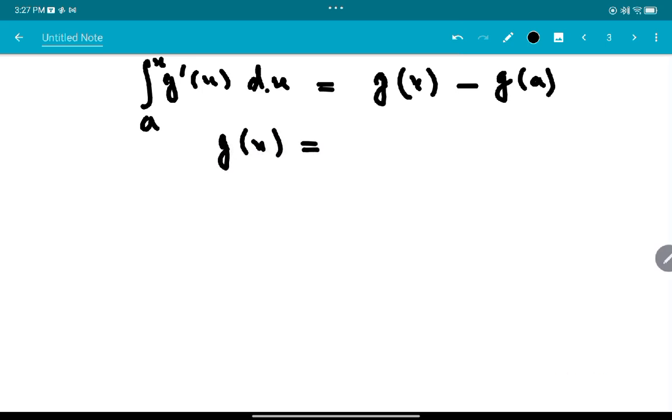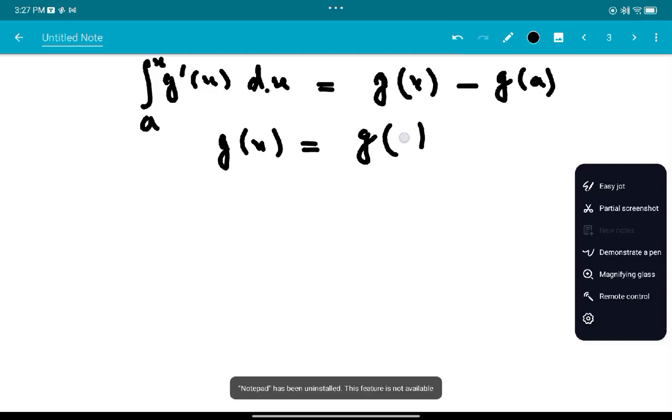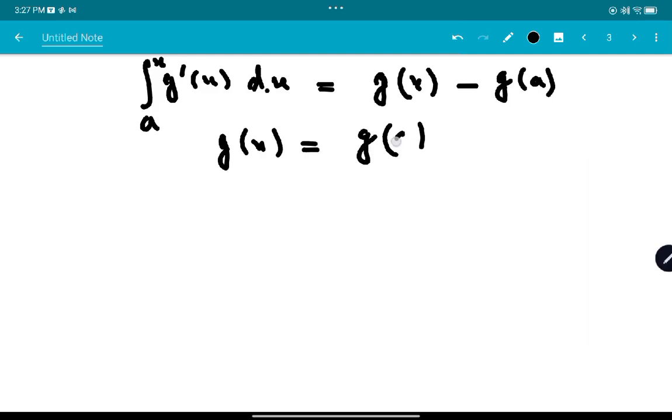If you transport this to this side, then we will get gx equal to ga plus the integral from a to x of g dash x dx.